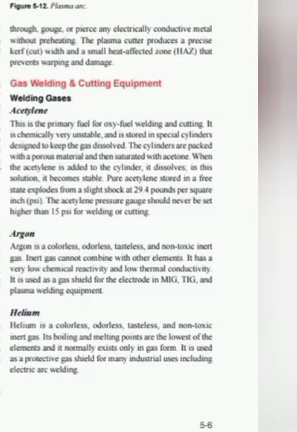The cylinders are packed with a porous material and then saturated with acetone. When the acetylene is added to the cylinder, it dissolves. In this solution, it becomes stable. Pure acetylene stored in a free state explodes from a slight shock at 29.4 pounds per square inch. The acetylene pressure gauge should never be set higher than 15 psi for welding or cutting.